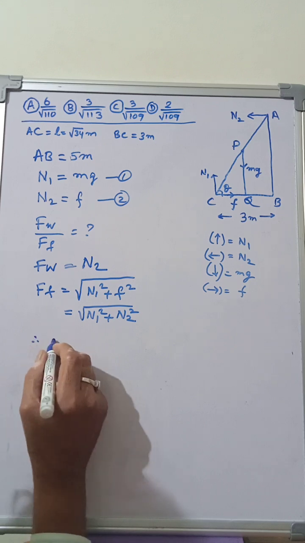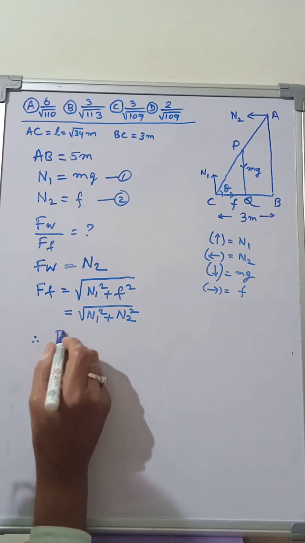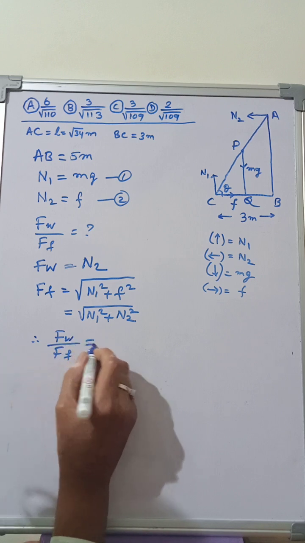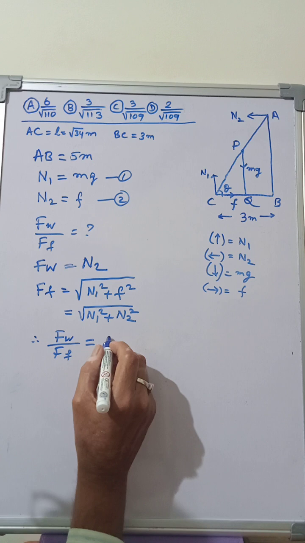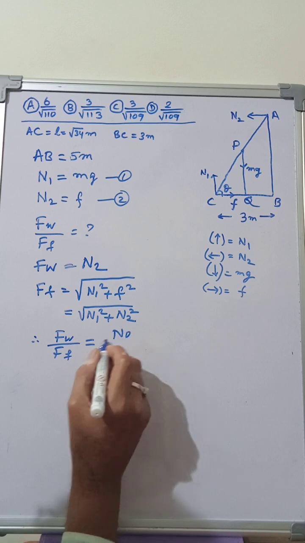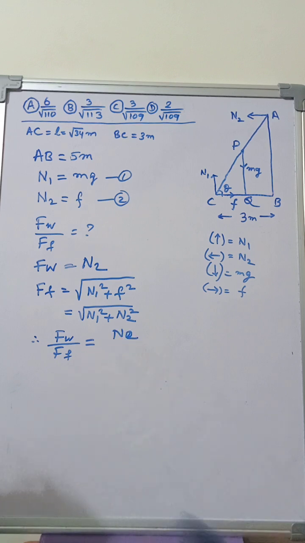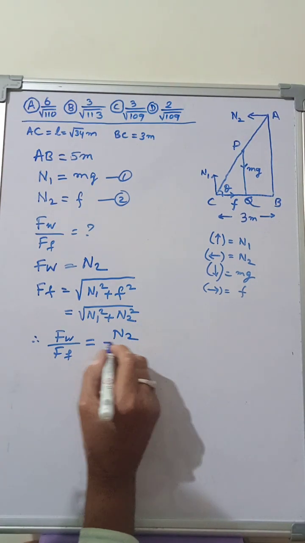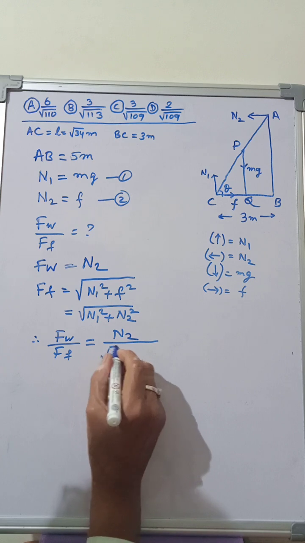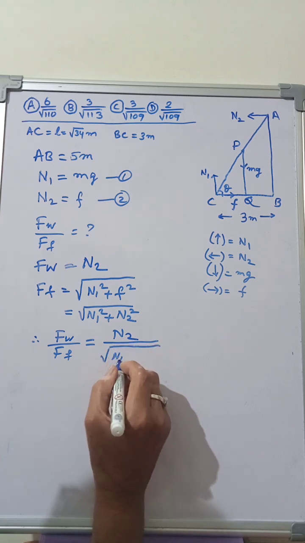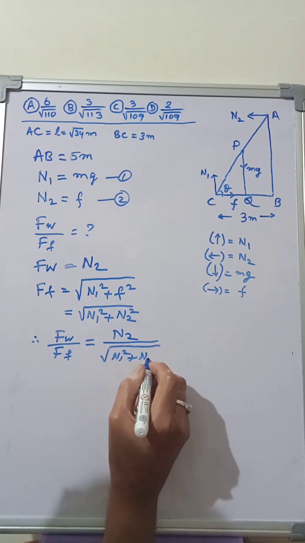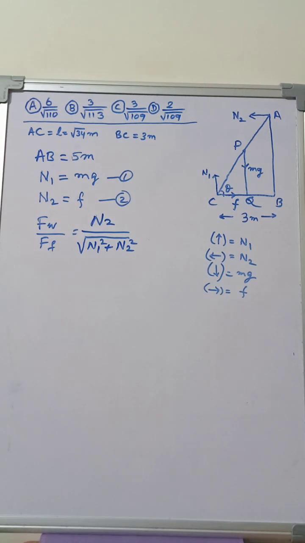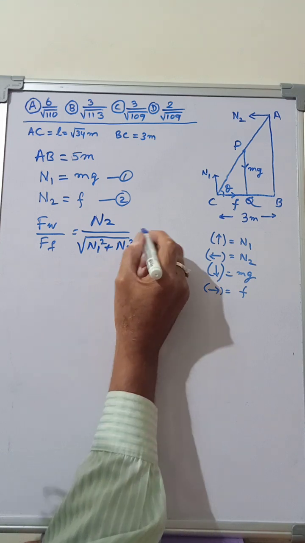Therefore we have the ratio FW by FF is equal to N2 divided by root over N1 square plus N2 square. Now let us mark this as equation 3.